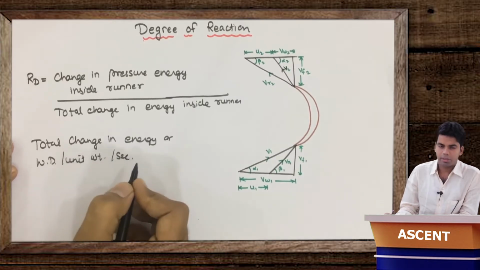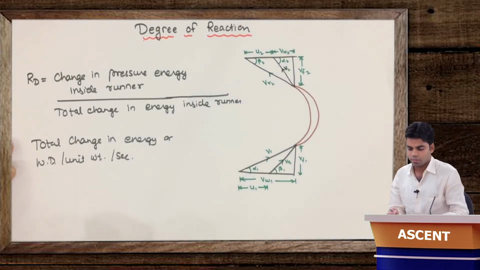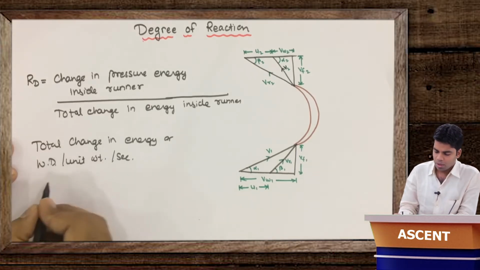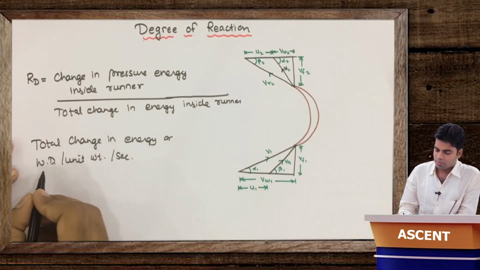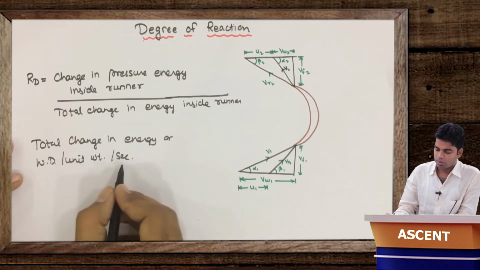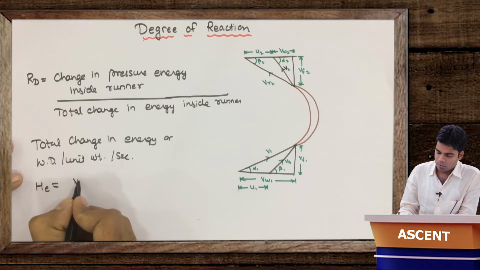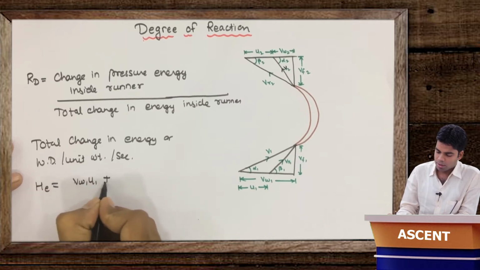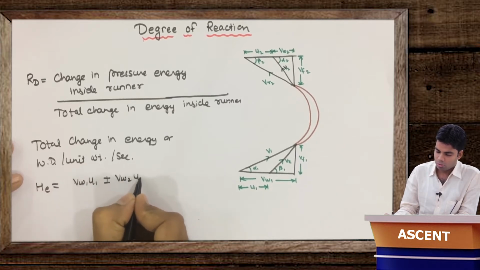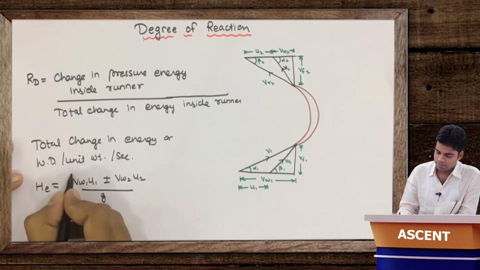Okay, power we have already determined for this Francis turbine or for a reaction turbine. So this total change in energy is work done per unit weight per second. Suppose we are denoting it by HE. So this will be (VW1 U1 ± VW2 U2) divided by g.